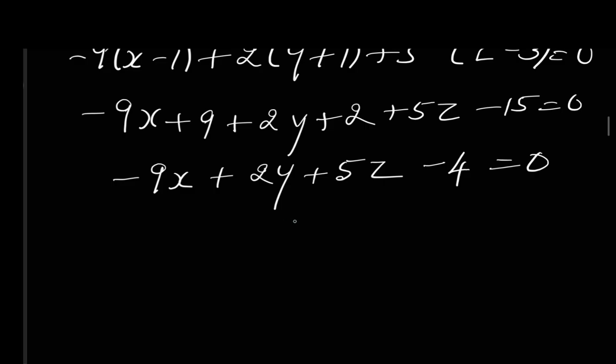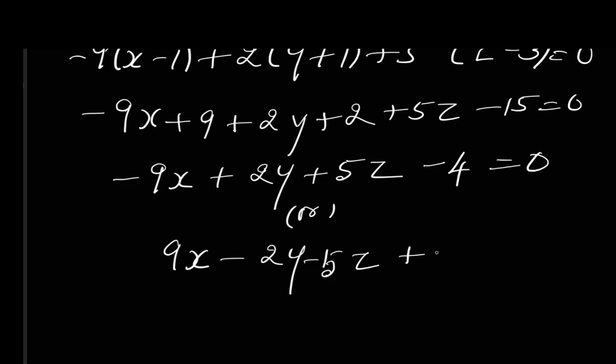This is the equation. You can change the sign for all the terms: 9x minus 2y minus 5z plus 4 is equal to 0.